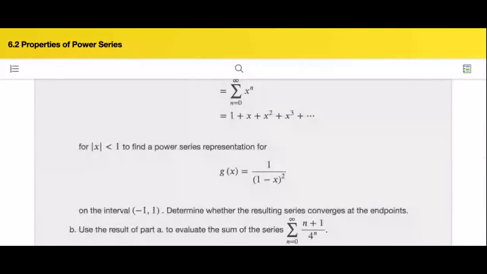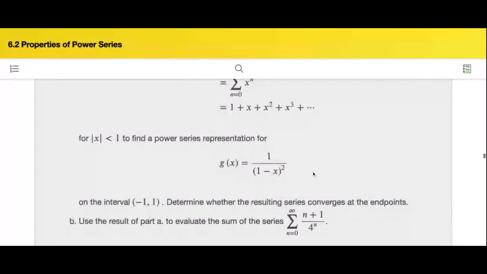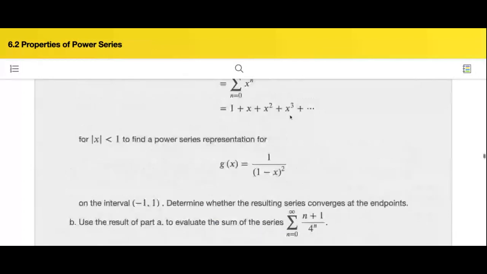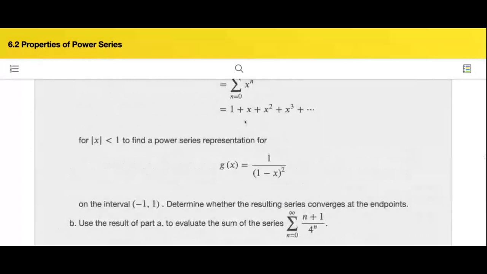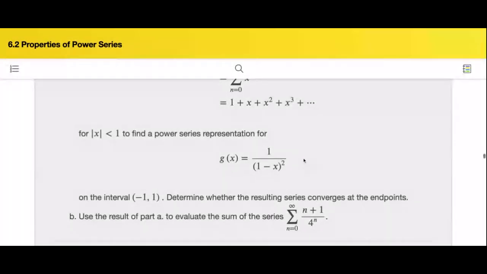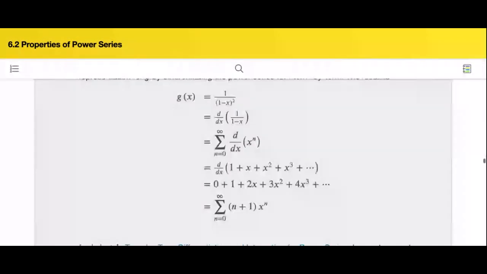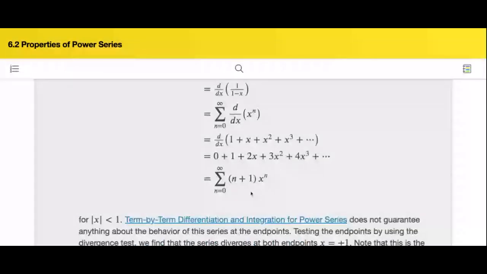We have 1 times x, then we have x times 1, right? That gives us 2x, so on and so forth. So for x raised by 1, we have 2x raised by 1. So 2 is 1 plus 1, x raised by 1. So we see n plus 1, x raised by n. Okay, so the two different ways will give us exactly the same thing.